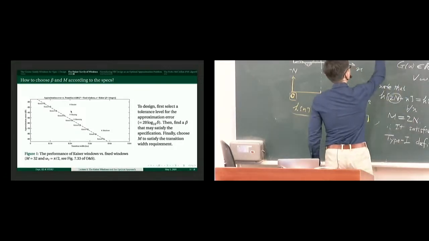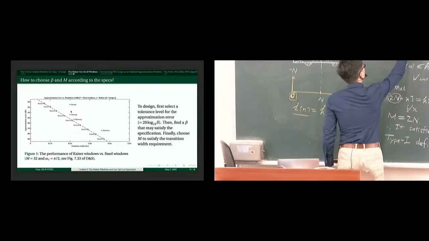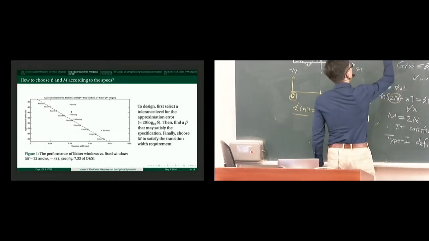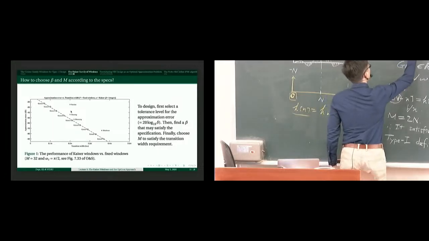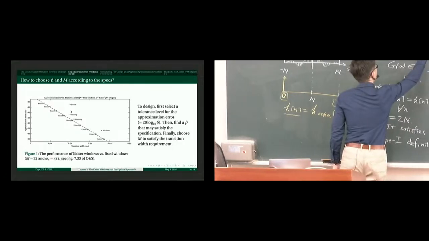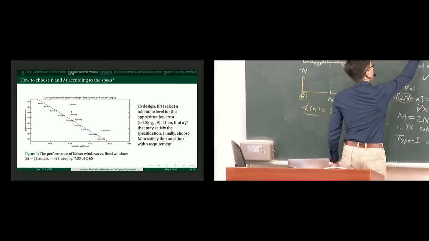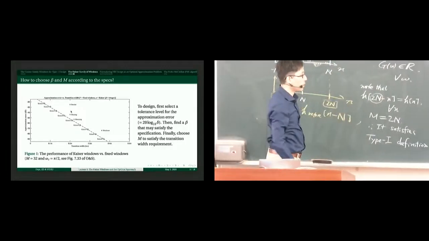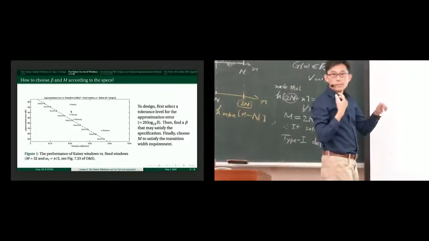So if you're super interested, in the textbook there are some empirical formulas for the choice of Kaiser window, as well as the choice of window length, m.